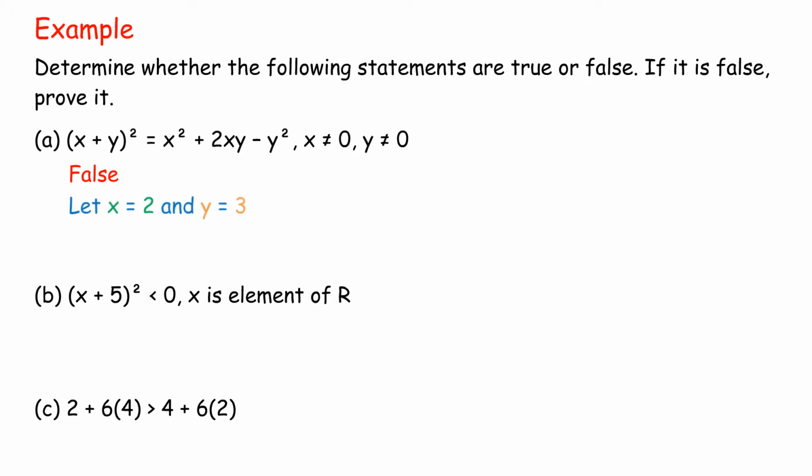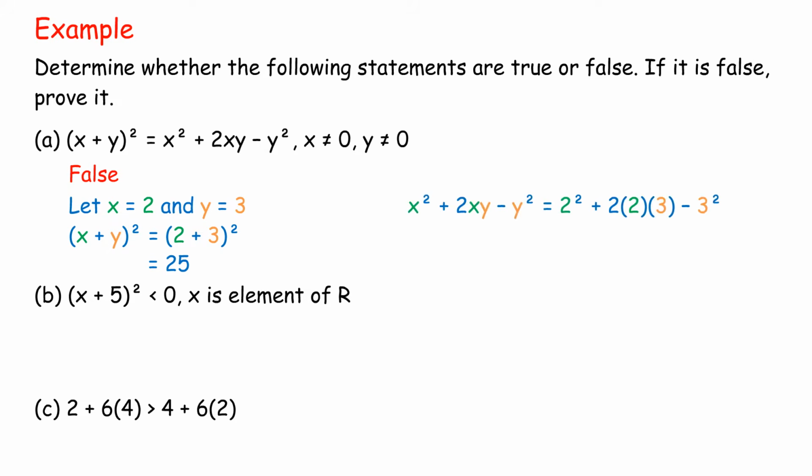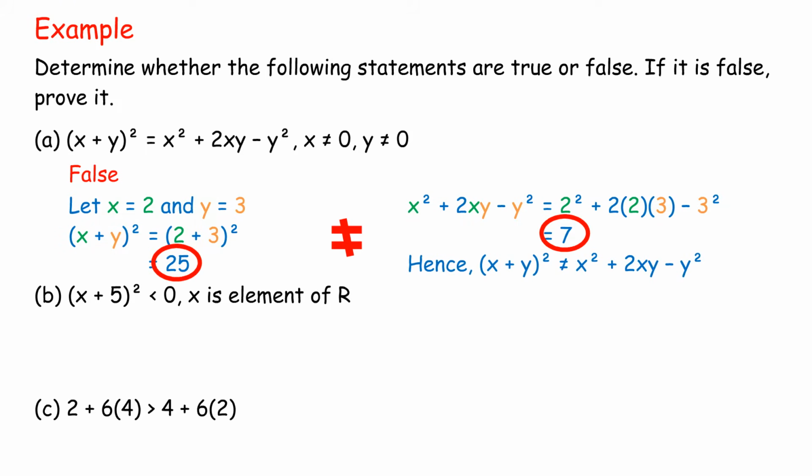Let x equals 2 and y equals 3. (x plus y) squared equals (2 plus 3) squared equals 25. x squared plus 2xy minus y squared equals 2 squared plus 2 times 2 times 3 minus 3 squared equals 7. Hence, (x plus y) squared does not equal x squared plus 2xy minus y squared.